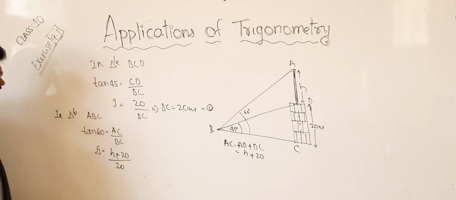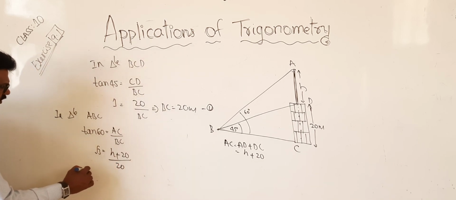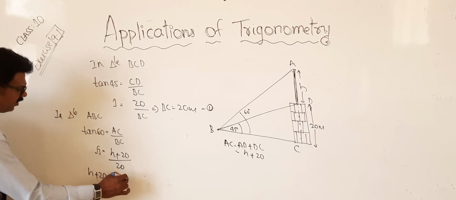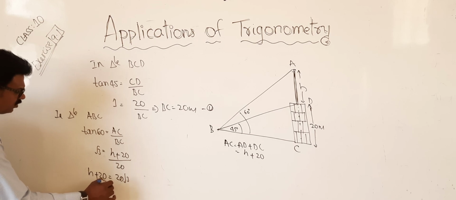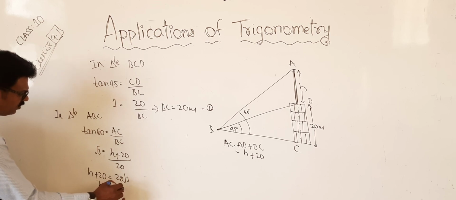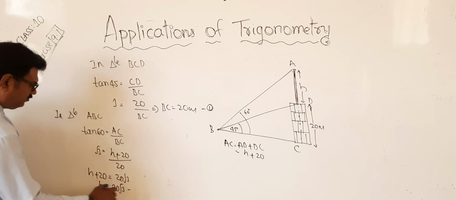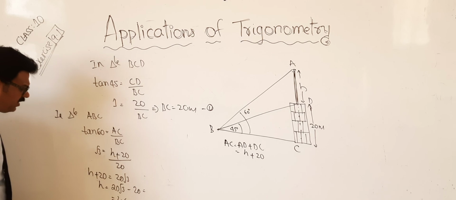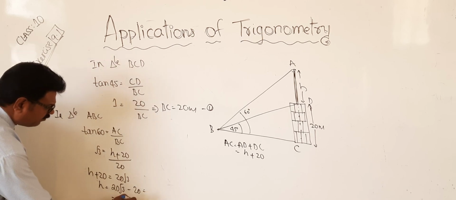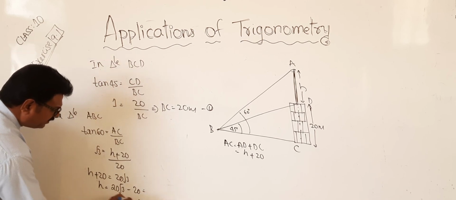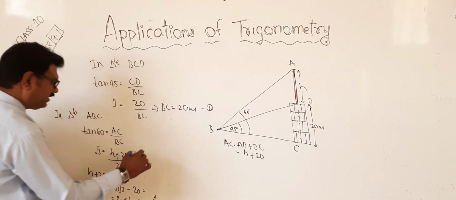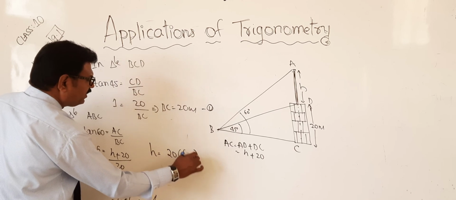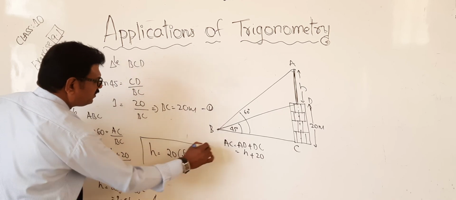Correct? 20 is already there. Therefore, H plus 20 equals 20 root 3, or H equals 20 root 3 minus 20. It is nothing but 20 times (root 3 minus 1) meters. Therefore, the answer is H equals 20 (root 3 minus 1) meters. Okay?